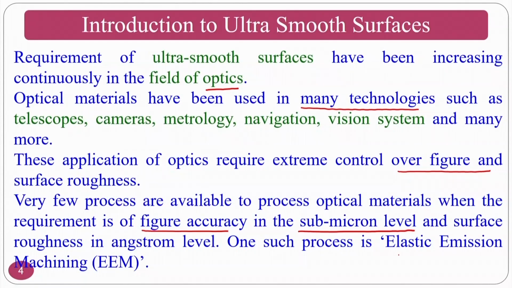These are the cameras where you require a very good surface roughness like Armstrong level surface roughness, or in some cases you can be happy with submicron level surface also. So, one such process is elastic emission machining. Okay. Why this particular process only? That we will see in the upcoming slides.